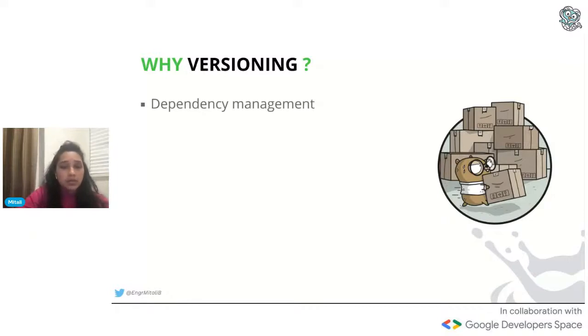People are building libraries around the world, and we can always use them, whether it's making a connection to the database or any utilities. So I need to manage my dependencies. If I use a particular version of the code over again after two or three months, it should give me the same result, and I should be able to reproduce my builds.